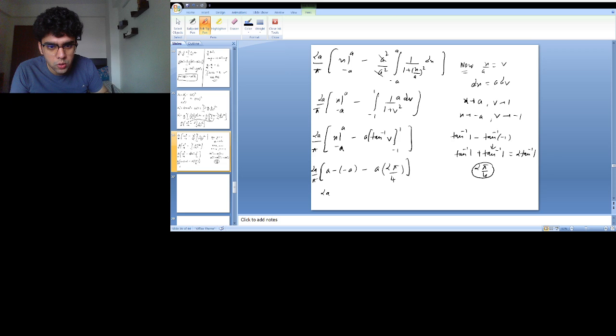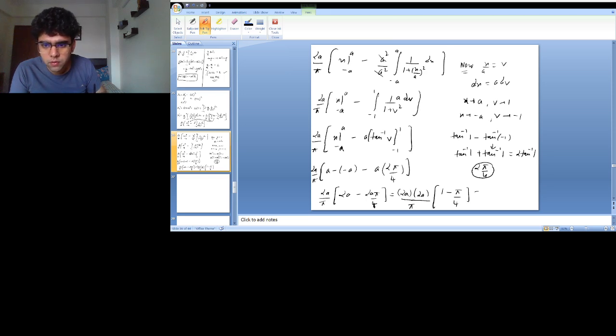And this is 2a upon pi, multiplying this whole. This gives me 2a upon pi into 2a minus 2a pi by 4. Just taking out 2a common and pi in the denominator, this gives me 1 minus pi by 4, right?